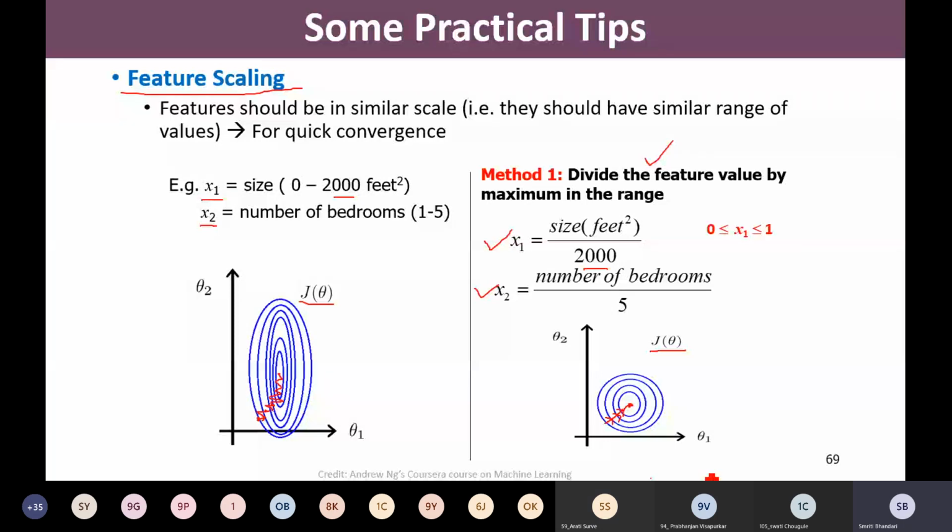If we follow such a method, then probably we'll have the range of these features between 0 and 1, right? So we are making these features lie in the same range, and that is why this kind of method works well.